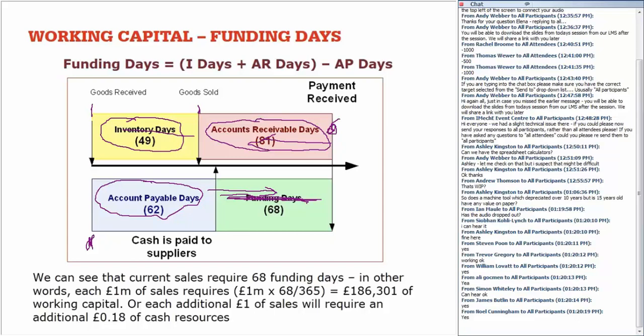Okay, so the key thing here is what many small companies make the mistake of is they get the big order from a major corporation and they think, brilliant, that's our sales for the year. But they don't realize that for every pound of sales, they're going to need pennies worth of additional working capital to fund the gap between getting paid.